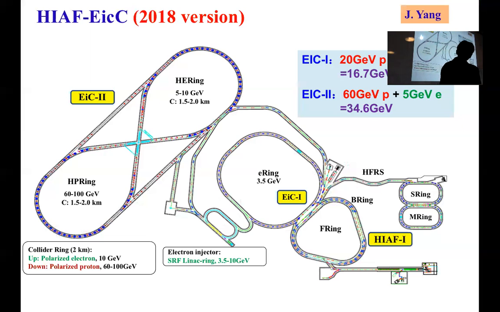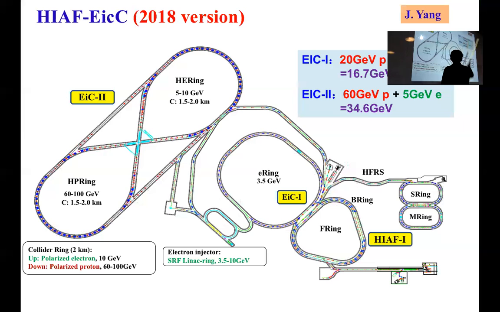The initial ring here is a warm magnet that can reach 9 GeV. So before it goes to the EIC, we upgrade this to make it superconducting. It can probably reach up to 30 GeV, but conservatively we start with 20 GeV.